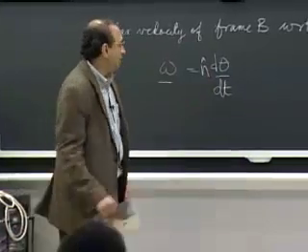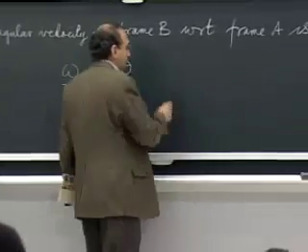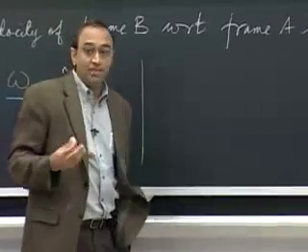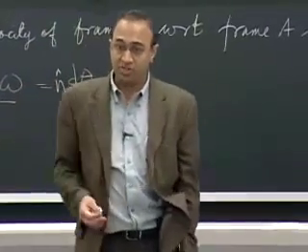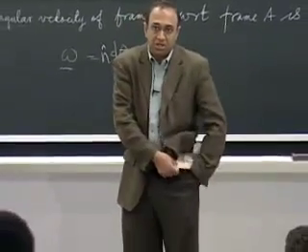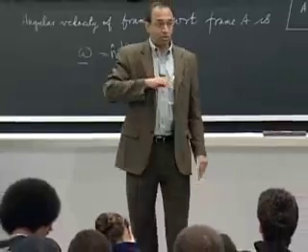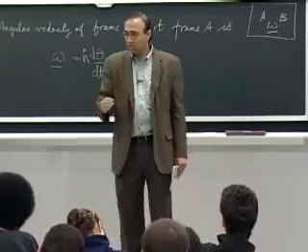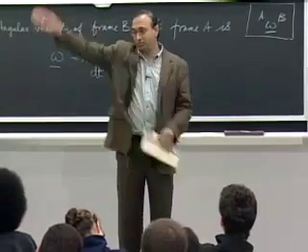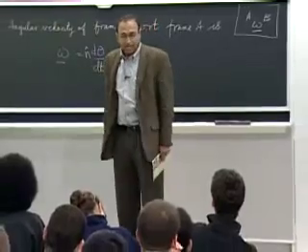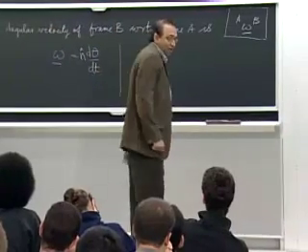So what that means, and this is what I wanted to tell you, is if I have one frame A, another frame B, and another frame C, so let's say this is frame A, and I'm frame B, I'm going to rotate. And as I rotate, this thing which is frame C is moving on me. Then A omega B is my angular velocity.